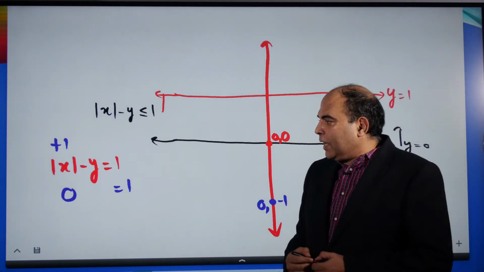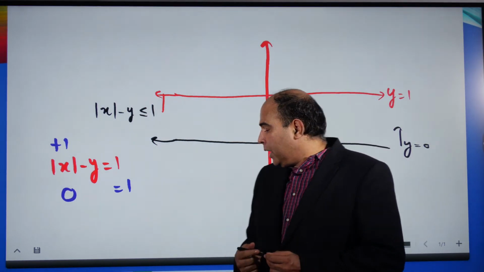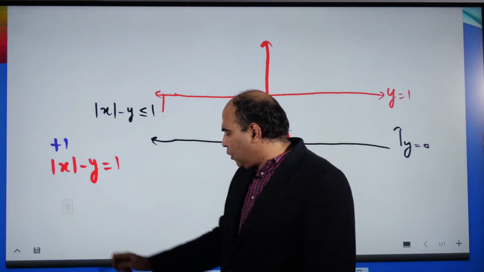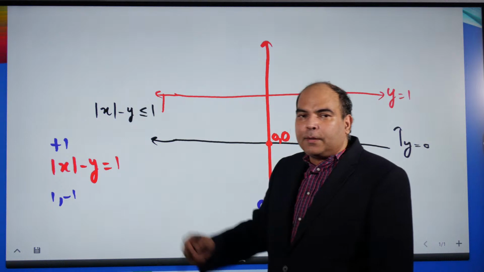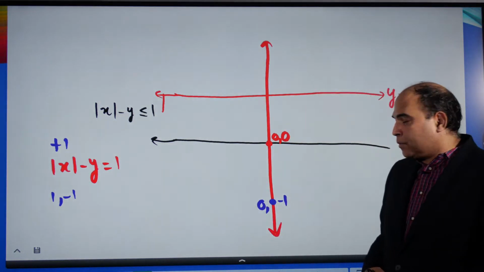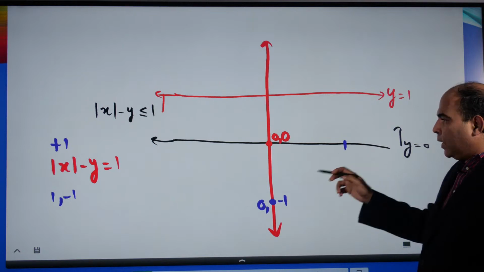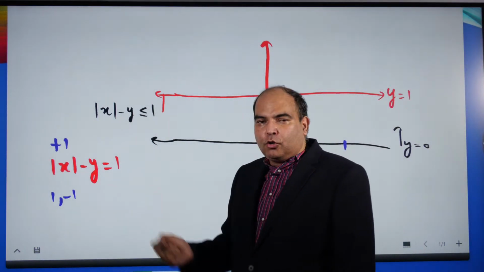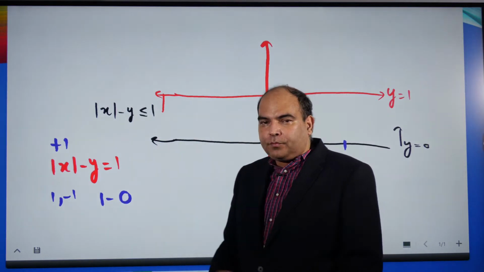So you can see that when mod x is 1, mod x can be 1 in two cases here. Mod x can be 1 for x equal to 1 or x equal to minus 1. And all this thinking you have to do inside the exam. So when x is 1, I want mod x minus y to be 1. So if mod x is 1, my value of y has to be 0.